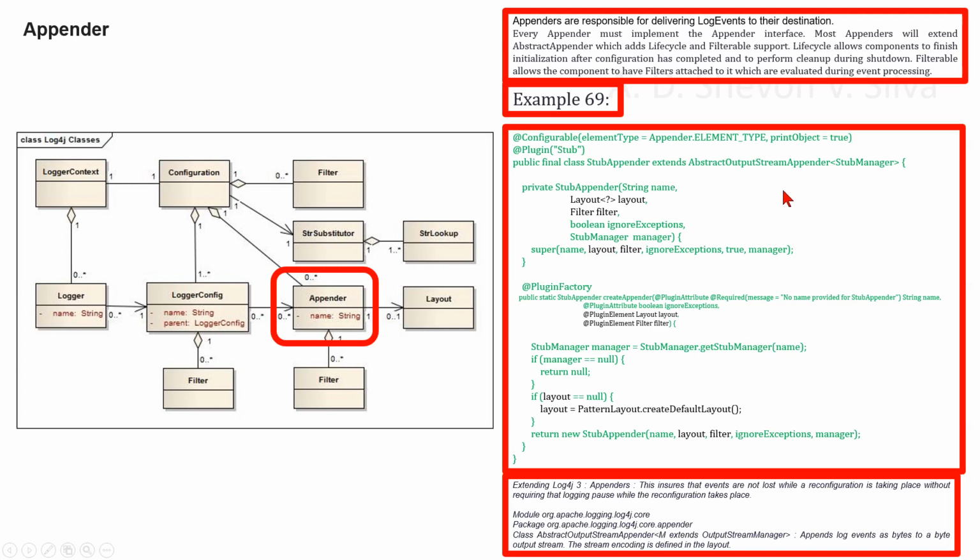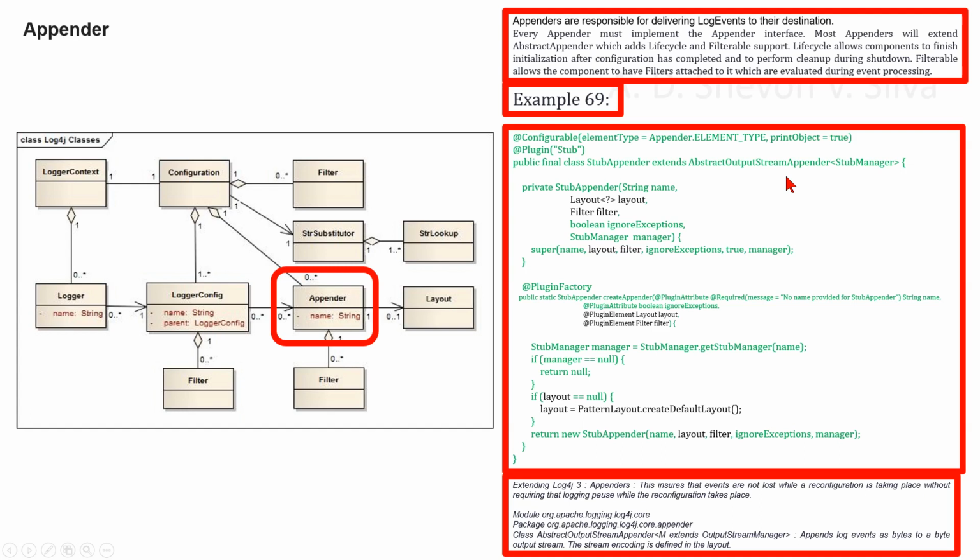The stream encoding is defined in the layout. The appenders are passed an event, usually invoke a layout to format the event, and then publish the event in whatever manner is desired.